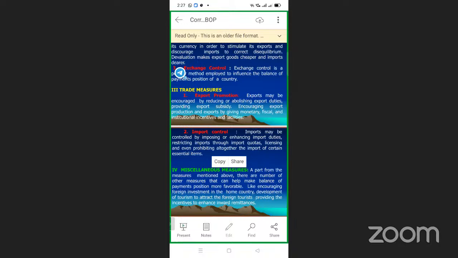So the balance of payments is a record of economic transactions of a country with the rest of the world. And it consists of various accounts, current account and capital account, importantly. The causes for disequilibrium differ from country to country and time to time within a country.